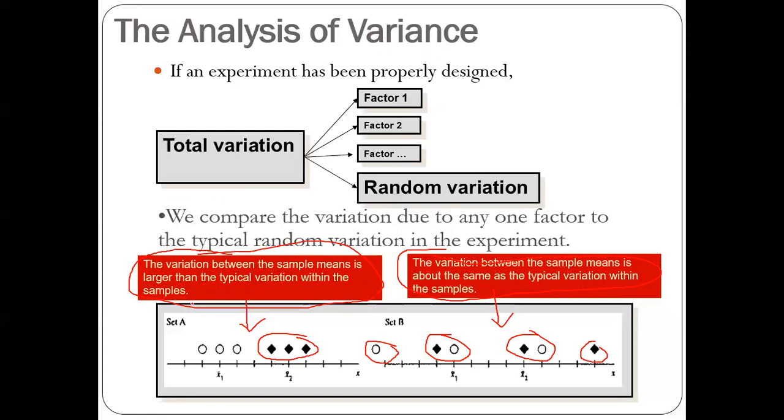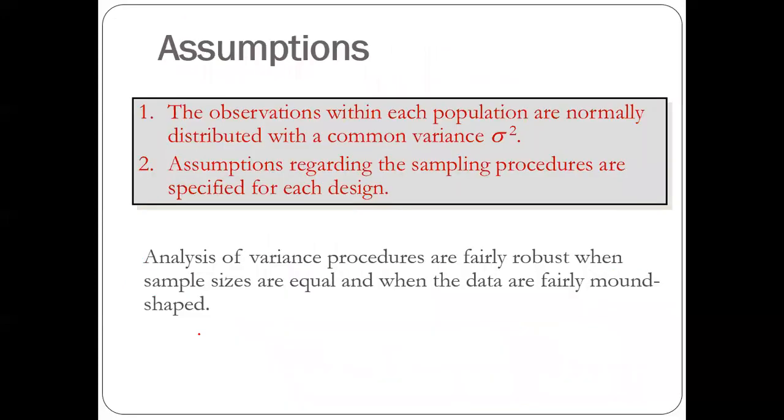But if the variation between the sample means is larger than the typical variation, then the condition is going to be like this. So what can we conclude about the analysis of variance, or ANOVA?